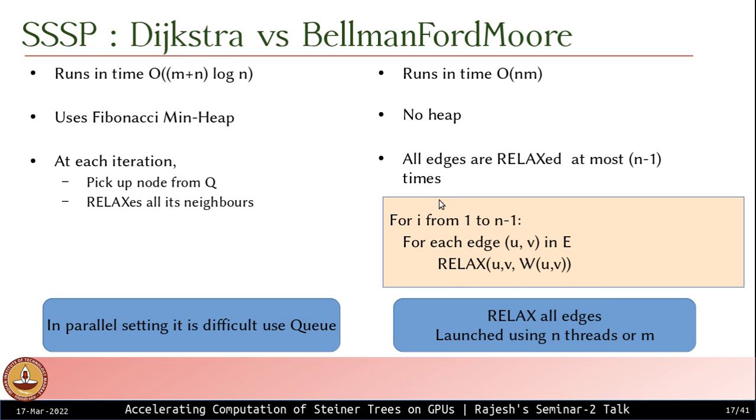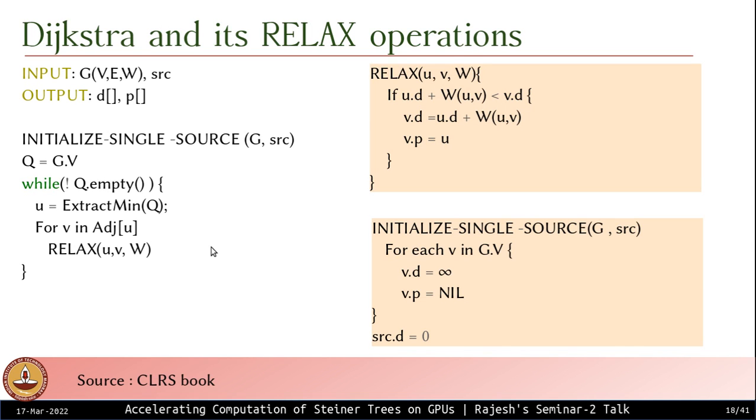We use Bellman-Ford in our GPU implementation, whereas we use Dijkstra for our CPU implementation, because it is difficult to imitate a queue data structure in a parallel setting, right? So this will be Dijkstra's operation. Very quickly, what is the input? G along with the source. What is the output? The distance and also the parent array.